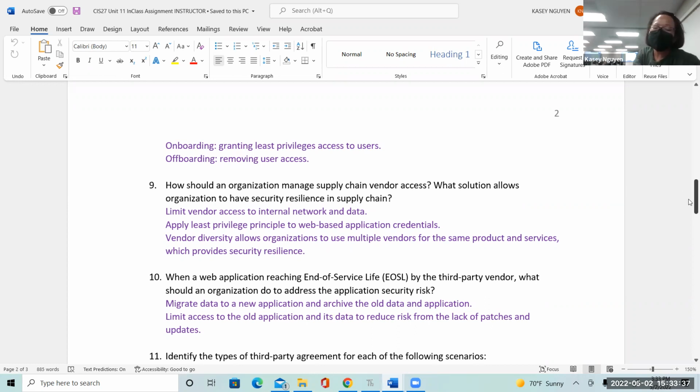Okay, now when you deal with services, you have to go into certain agreements. We'll talk about the types of agreements after number 10. But when you have an end of service life, that means, let's say, that I contract with the company that built my app, and after a while that company goes out of business.